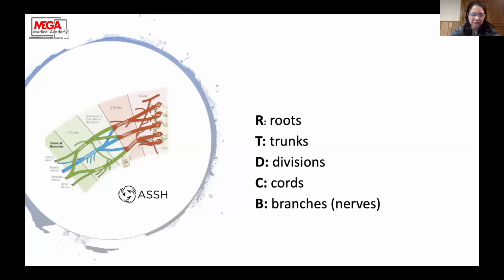Then each trunk divides into anterior and posterior divisions. And then these divisions reconnect in another way to form the terminal branches. So the posterior divisions form the posterior cord, which ends mainly in the radial nerve, and the anterior divisions of the superior and middle trunks combine to form the lateral cord, which would be one big part of the median nerve.